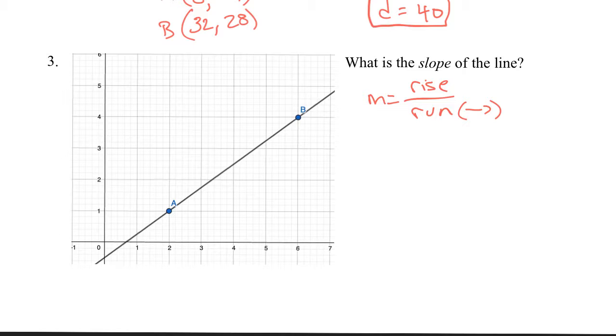Starting from A to B, what did I go up? I went up 1, 2, 3. So let's write that in there. So it's 3. And then how far did I run? I'm right here now. I ran 1, 2, 3, 4. I ran 4. So my slope is 3/4.